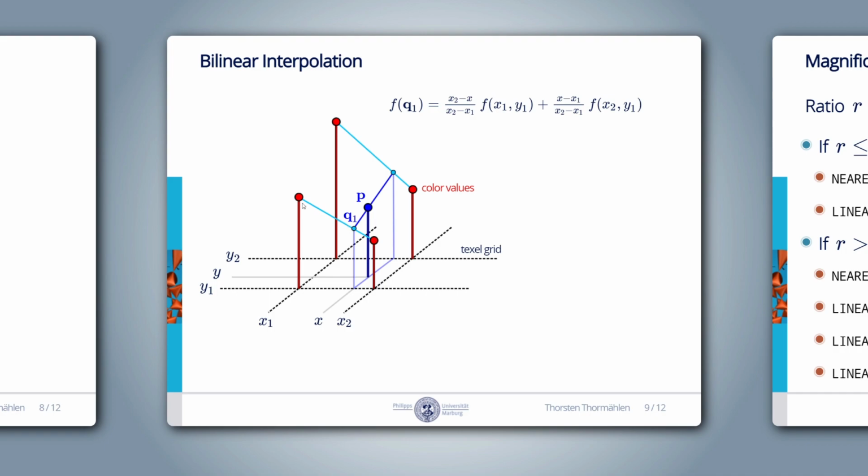You see that we use the values at x1, y1 and x2, y1 to perform this operation. Next we compute the value at location Q2 by linear interpolation. The values at x1, y2 and x2, y2 are used. And finally, the linear interpolation in the y direction where the values at Q1 and Q2 are used.